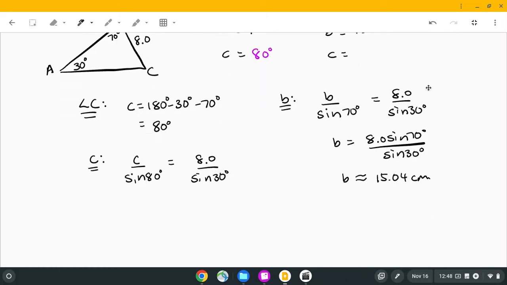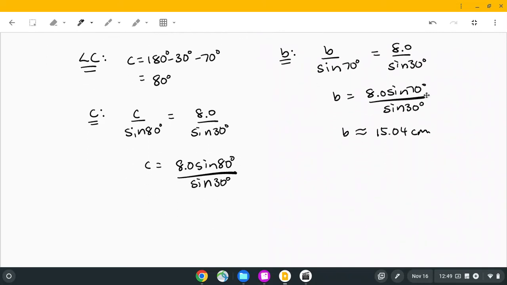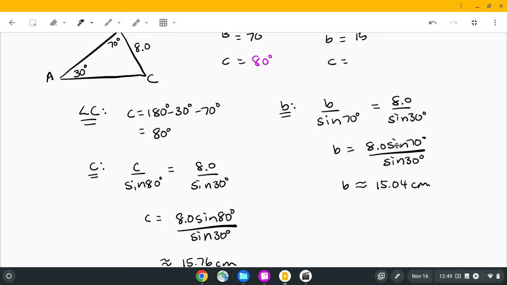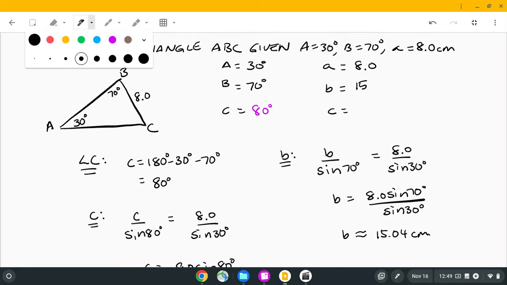Okay, so c equals 8.0 times sine 80 all over sine 30. And if I punch that into the calculator, make sure you're in degree mode, c is roughly equal to 15.76 centimeters. And again, two significant digits, so we'll go with 16.